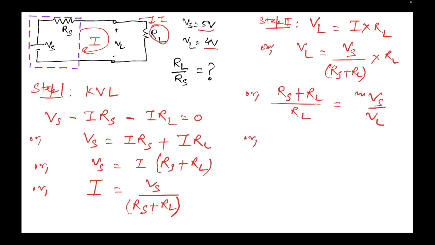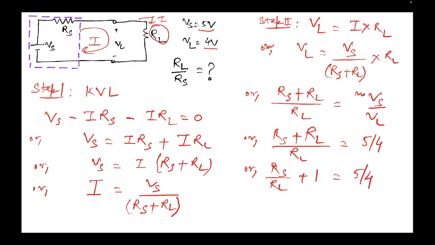Since we already know the values of Vs and VL, we can plug in those values, and I can write Rs plus RL over RL equal to 5 by 4. Simplifying further, I'll simply divide the LHS by RL. So I'll write Rs over RL plus 1 equal to 5 by 4.